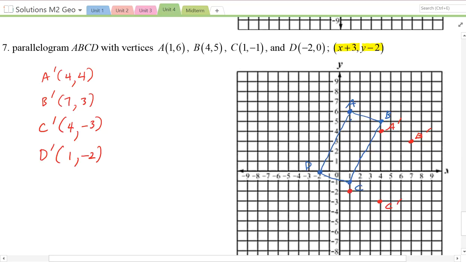So 1, negative 2 should be the new D. When I reconnect, all the translation does is slide the whole shape somewhere else on the graph, so it should look like the same shape, just moved elsewhere on the grid. I'm going to erase my messy line there. Now we have translated parallelogram ABCD using the transformation x plus 3, comma, y minus 2.